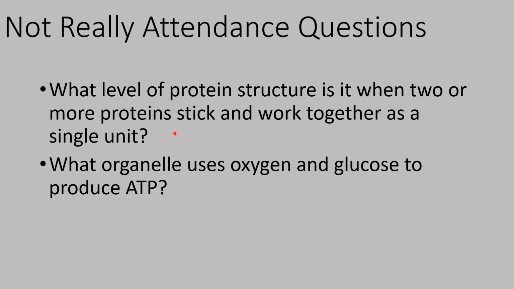What level of protein structure is it when 2 or more proteins stick together, work together as a single unit? Well, remember, primary was when we had a string of amino acids. And then when those amino acids started interacting with each other and with the environment, they started to either coil up or fold up or take on these random twists, and we called that level secondary.